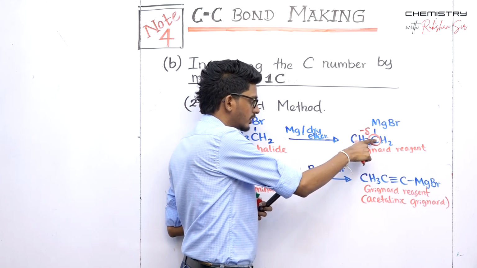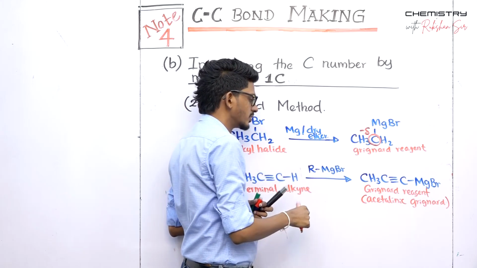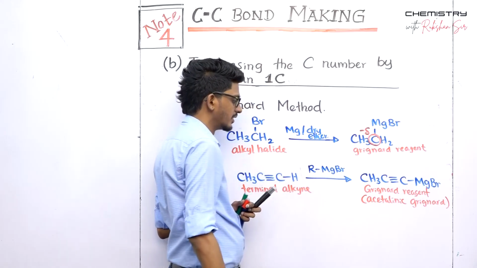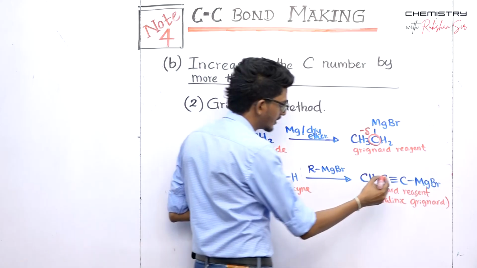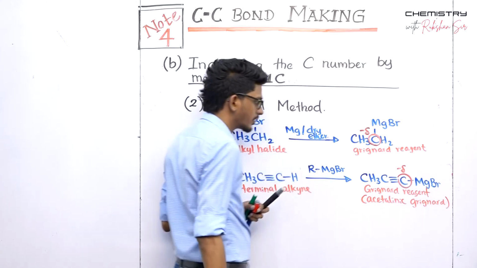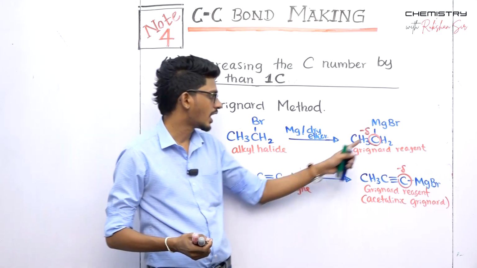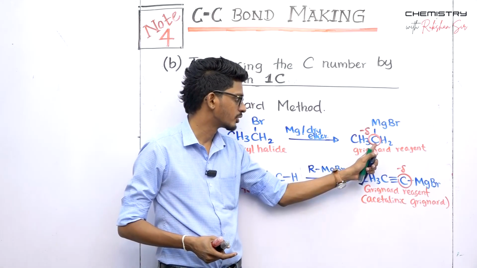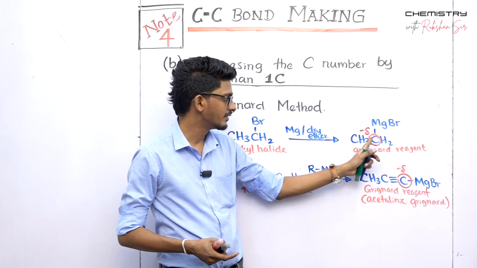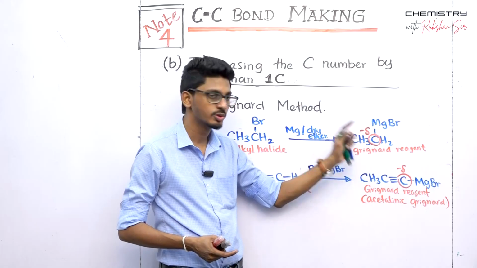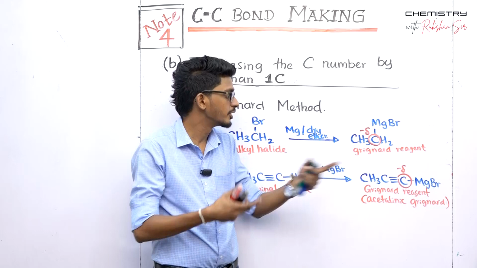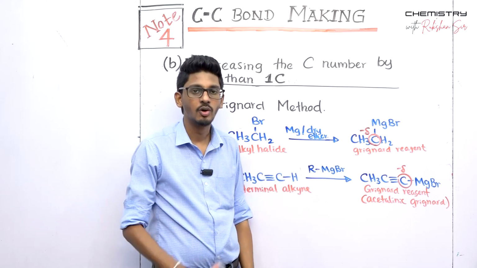Carbon is 2.5, magnesium is 1.2 in electronegativity. So the carbon bears some negative charge. It's very important: the carbon is negative in your Grignard reagent. These negative carbons can be used to attack positive carbons in your organic compounds.